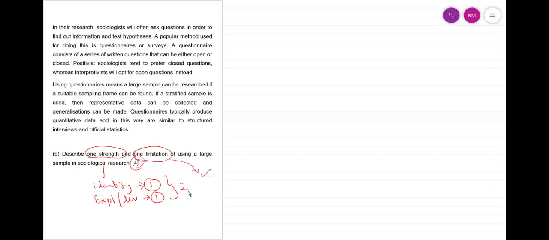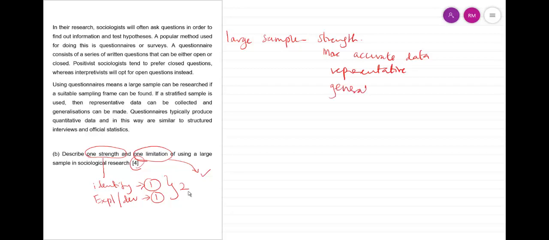You might be aware that a large sample has many strengths. One is that it allows more accurate data, as more respondents means that the sample is more representative of the population. This provides more room for generalization. It equally increases validity of the findings.